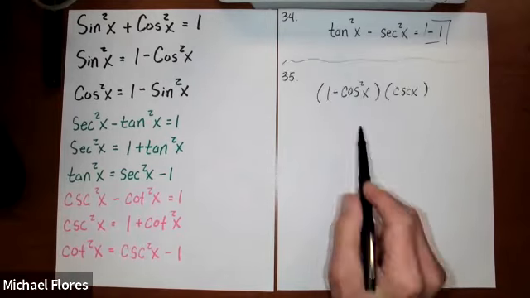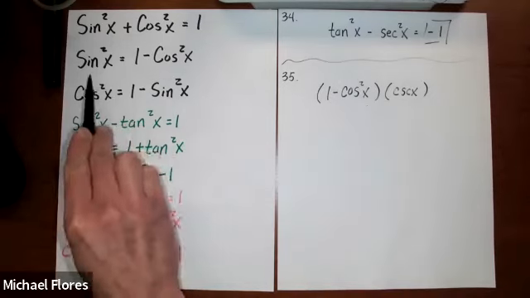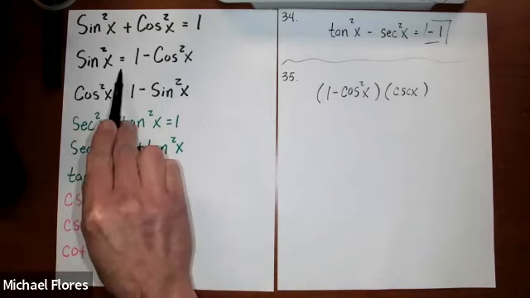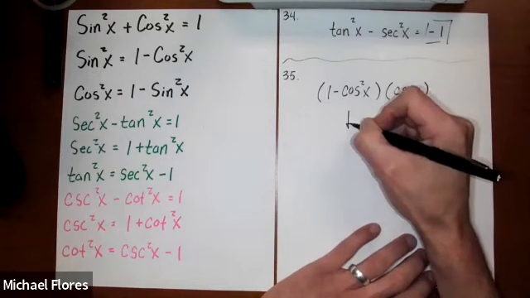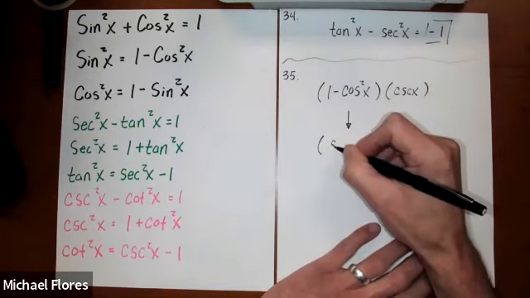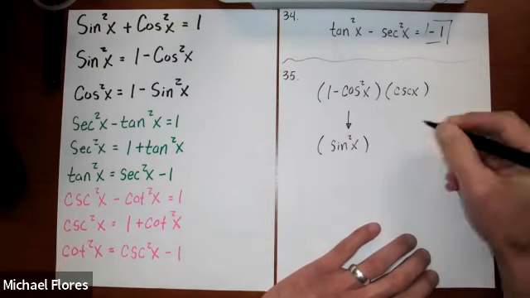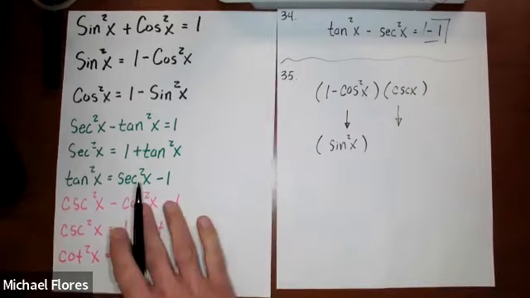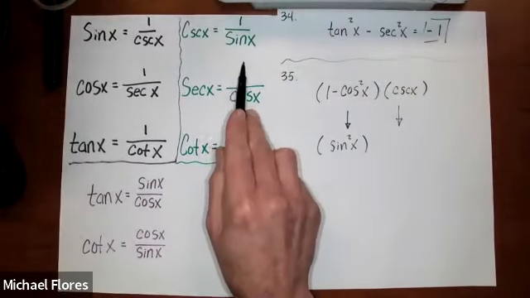For 35, this parenthesis here has 1 minus cosine squared of x. If you'll notice right here, 1 minus cosine squared of x is the exact same thing as sine squared of x. So I'm going to substitute that. Now, cosecant of x, that's the same thing as 1 over sine.